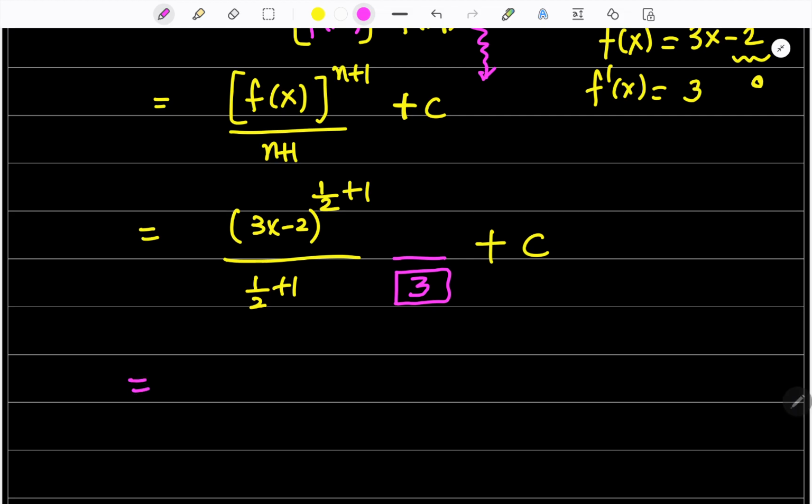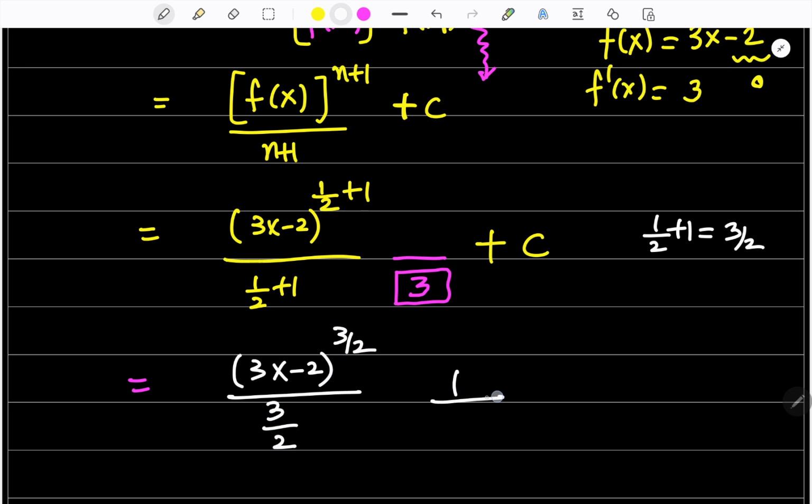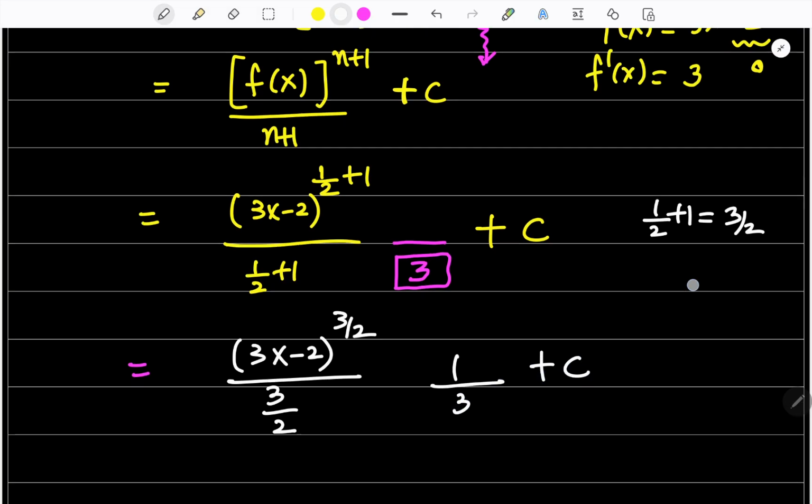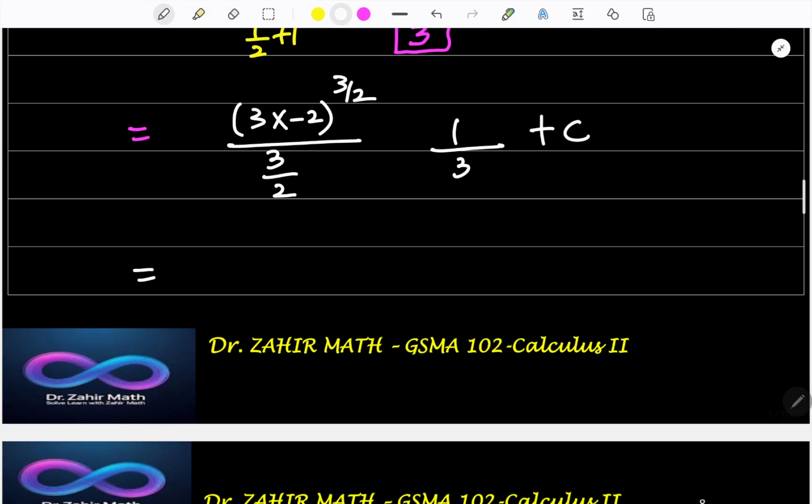So this equals, right. Now, what is half plus 1? Half plus 1 is equal to 3 over 2, right? So this is 3x minus 2 to the power of 3 over 2 divided by 3 over 2. And this 3 is also here plus integrating constant c. This equals 3 over 2 goes as 2 over 3, right?